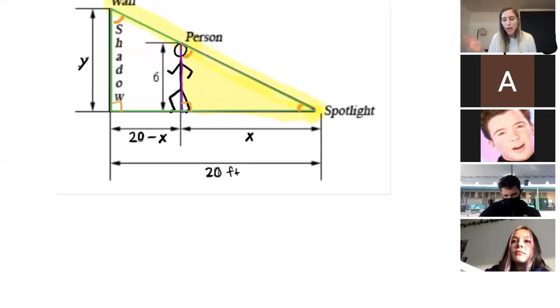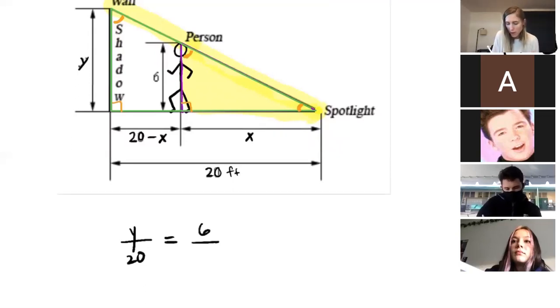So looking at the larger right triangle, if I took side y, which is the height of the shadow, and put it over 20, so the distance of the spotlight to the wall, that ratio would be equal to the height of the person over the distance of the person to the spotlight, x. And this is, again, thinking similar triangles.